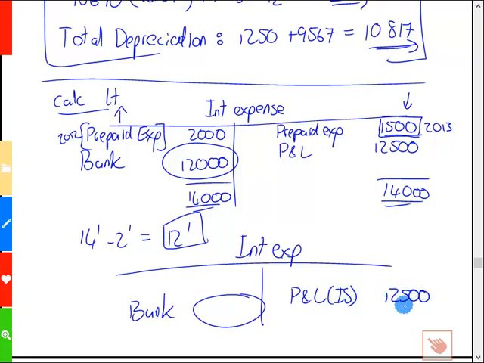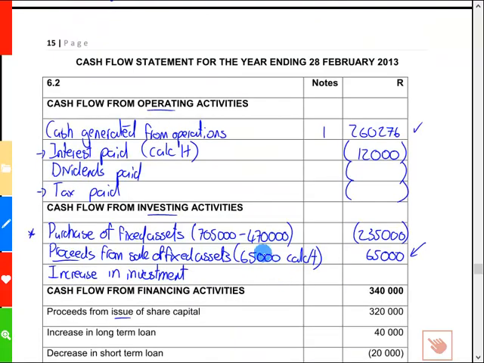If there was an accrued expense at the end of the current year, that would increase your interest expense by a certain amount. So that would be for the current year. And any accrued expense from the previous year would be reversed on that side, and you would then calculate your balancing figure. Okay, so the two, they just swap around. Right, let's add another page here.